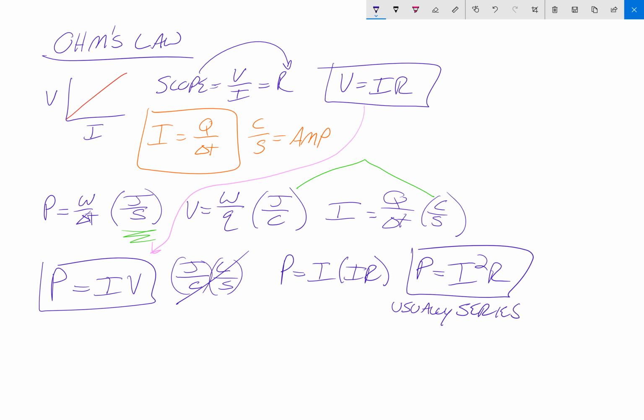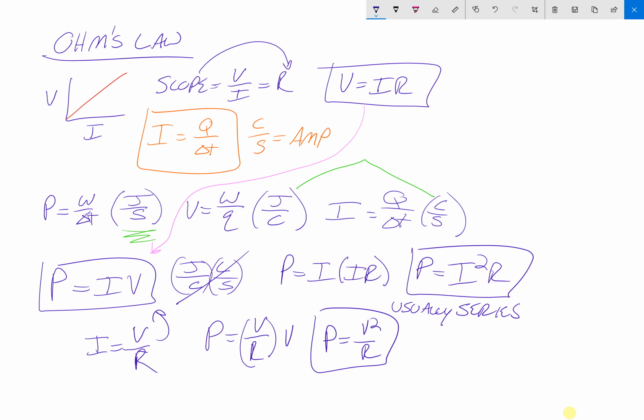Now, I could also rearrange V equals IR for I and get V over R and put that into the power equation, and I get power equals V over R times V, or power equals V squared over R. I tend to use this usually with parallel, usually. And you'll see why as we get farther into the topic.